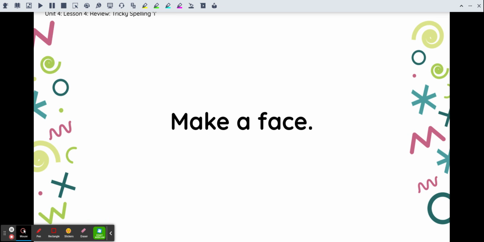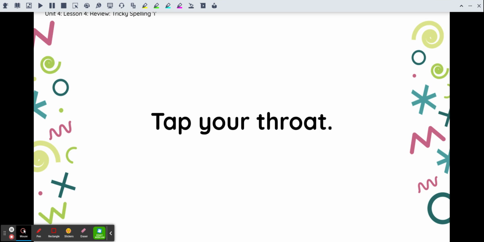The wiggle card says make a face. Make a face. It can be a silly face, a mean face, sad face, happy face. Tap your throat.